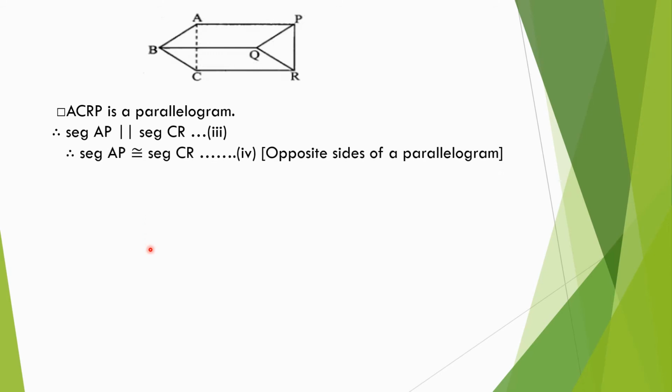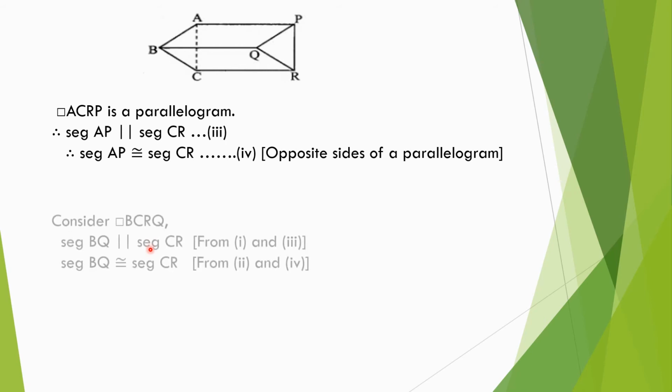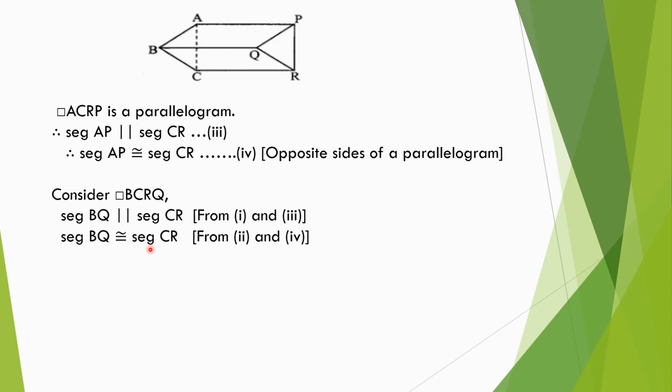Here we proved quadrilateral ACRP is a parallelogram. Therefore, segment AP is parallel to segment CR, that is equation number 3, and segment AP is congruent to segment CR, that is equation number 4, because opposite sides of a parallelogram are parallel and congruent. And now I am considering the quadrilateral BCRQ. From equations 1 and 3, segment BQ is parallel to segment CR, and from equations 2 and 4, segment BQ is congruent to segment CR.